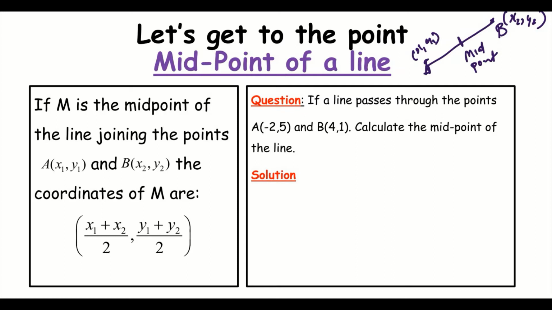In the case of a midpoint, it's not significant because multiplication and addition are commutative. Hence, however you set the x part and the y part, you're still going to get back the same value. But for the sake of this video, we're going to highlight our x1 and y1 and our x2 and y2.